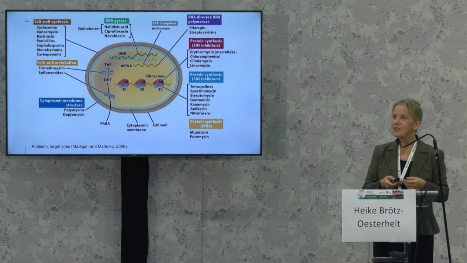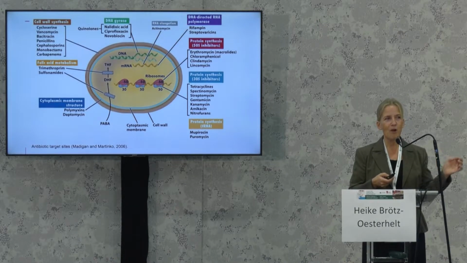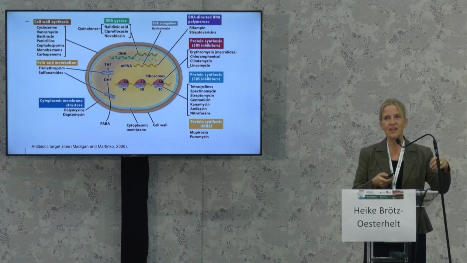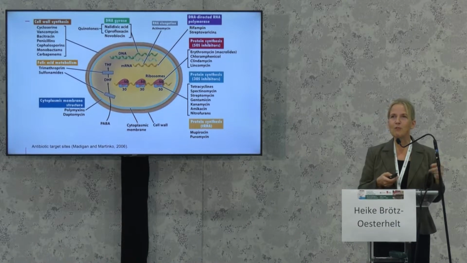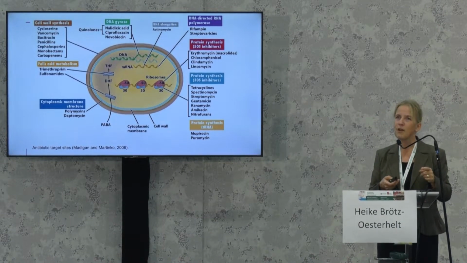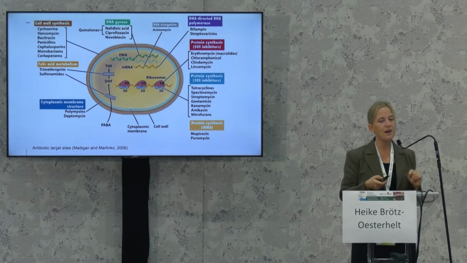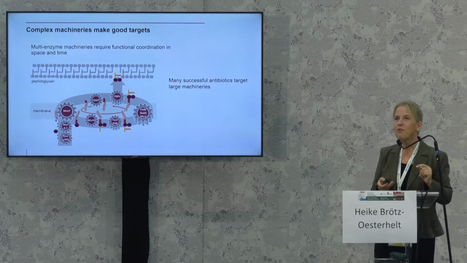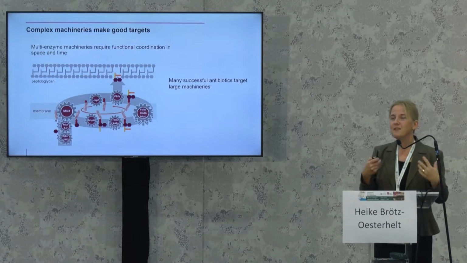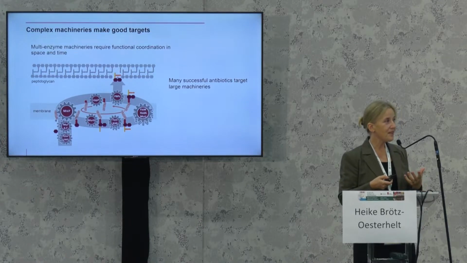So it's not just that you consider there is an enzyme and only I have to inhibit this enzyme. And why do you think? Because many of these antibiotics have been derived from natural products. Why do you think nature has picked particularly such kinds of targets? One thing is, the more complex the machinery, the more trouble you can make by disturbing it.